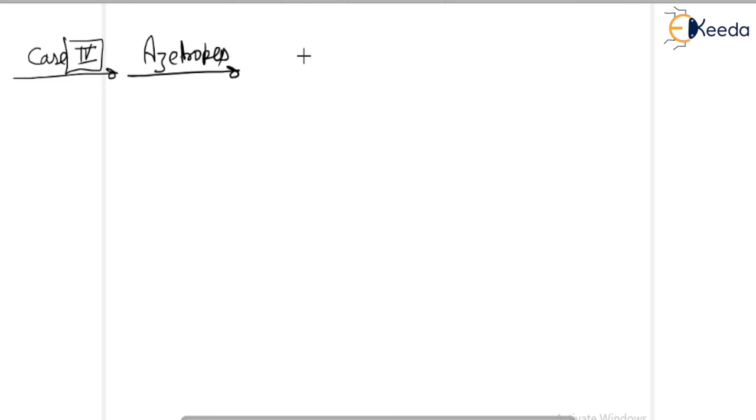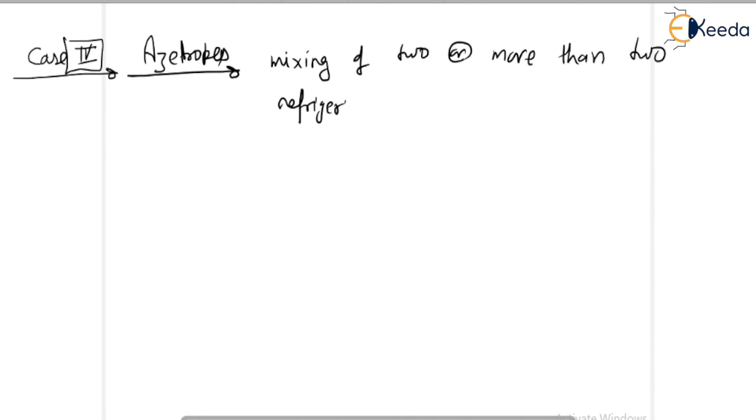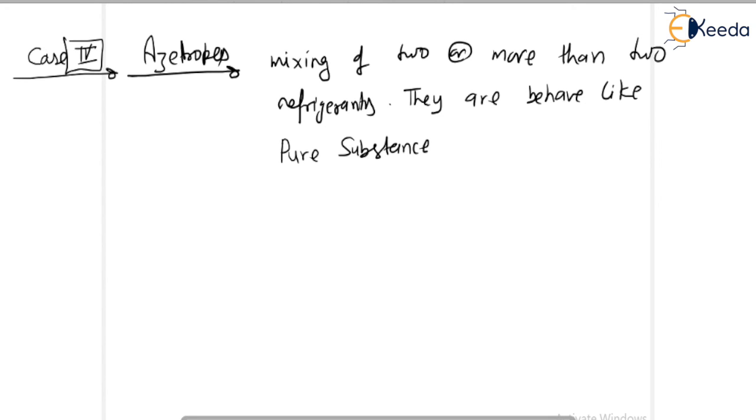What is the meaning of azeotropes? An azeotrope is nothing but a mixing of two or more than two refrigerants, and they behave like pure substances. They also behave like pure substances.